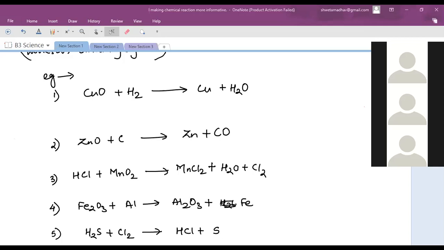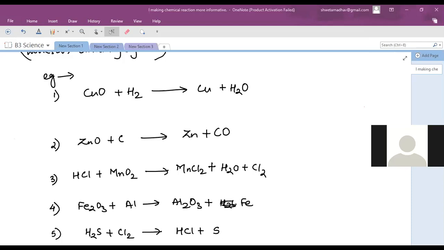Parush, fifth one, can you tell? Which substance is oxidized? We did this question last class. What is the condition to say that an object is oxidized?